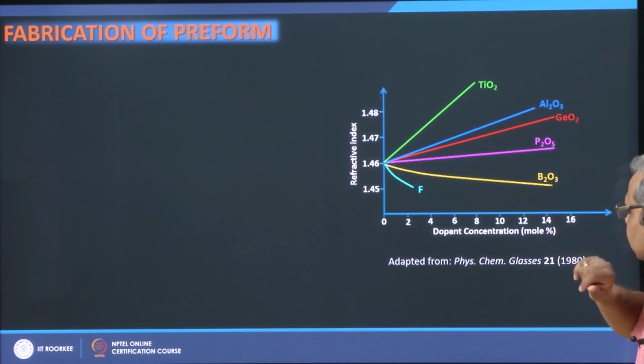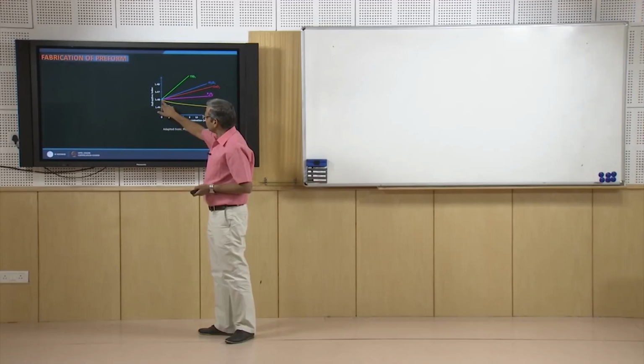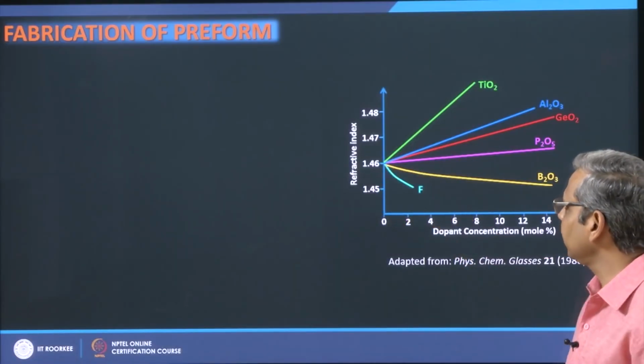So what is the process? What are the different processes to make the preform? Well, you start with these chemicals depending upon your choice of doping, and then you have two routes. One is flame hydrolysis, another is chemical vapor deposition.